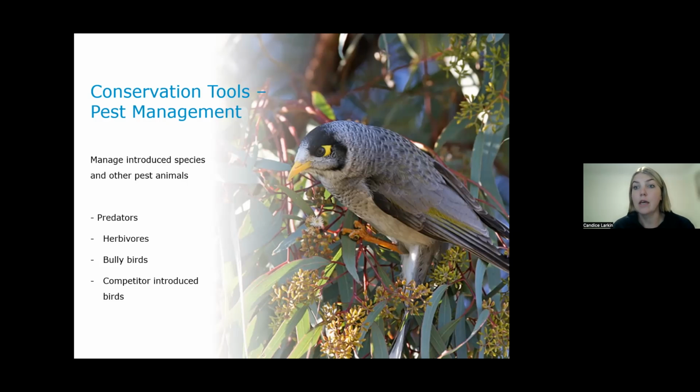Often this is done in a controlled manner, but the best way to discourage having noisy miners or Indian miners in your backyard is actually to, where possible, allow ground cover. Sites with an understory are 78% less likely to have large numbers of noisy miners in the area. So by not overgrazing and not clearing all of the understory where possible and safe, you can actually just discourage these guys from even colonising an area.